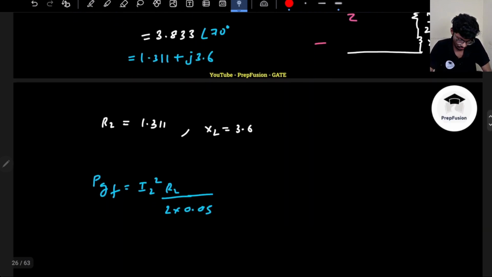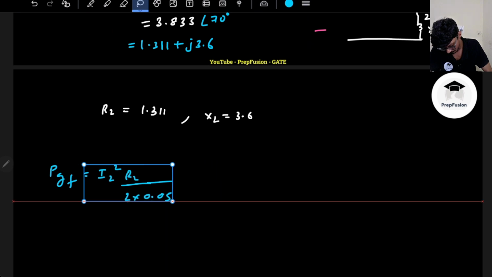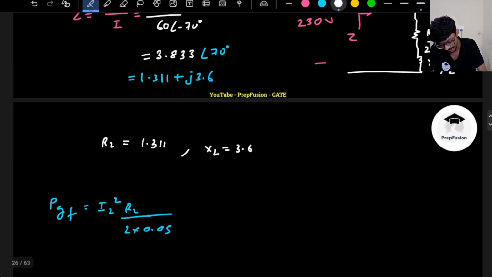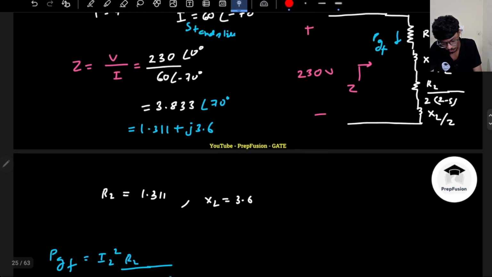Okay, so now, this is not the current. I have to find out the current, so I have to draw the circuit at this value of slip. So what will be R2 divided by 2 into 0.05, that is what I have to find out, right?